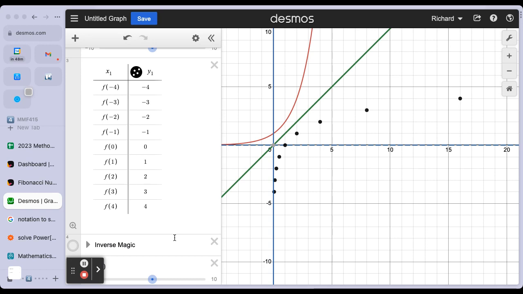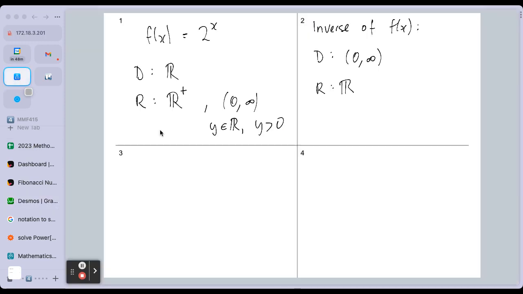And that kind of makes sense, doesn't it? Because we know from our work last year as well as this year that if we have y equals a base to the power of x, then let's do the inverse. The usual technique for working out the inverse is to swap the x and y over. So that would be x equals a to the power of y.